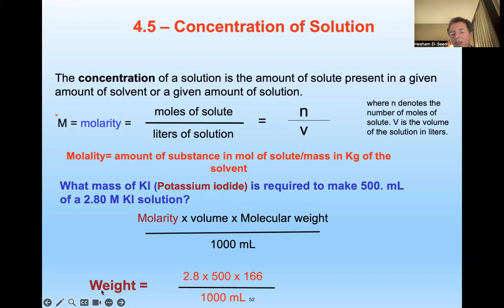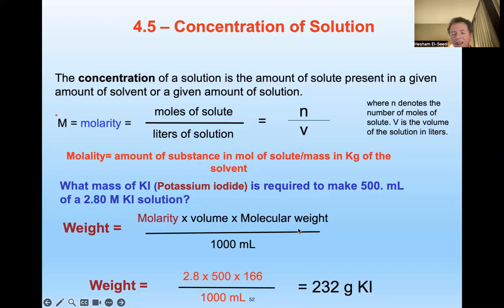This will give you the weight, right, which is 232 g potassium iodide.